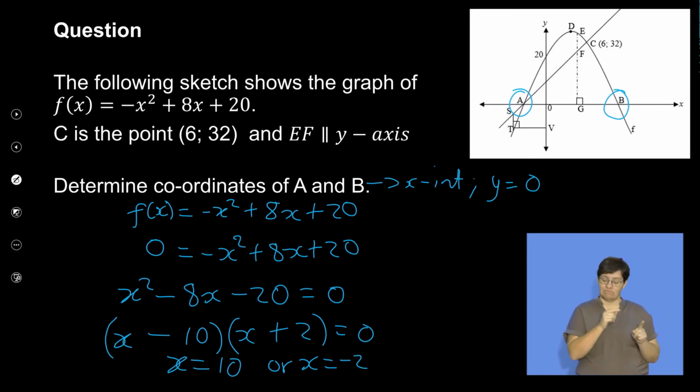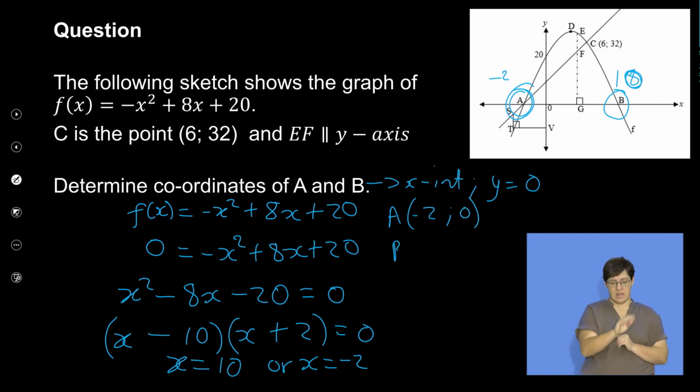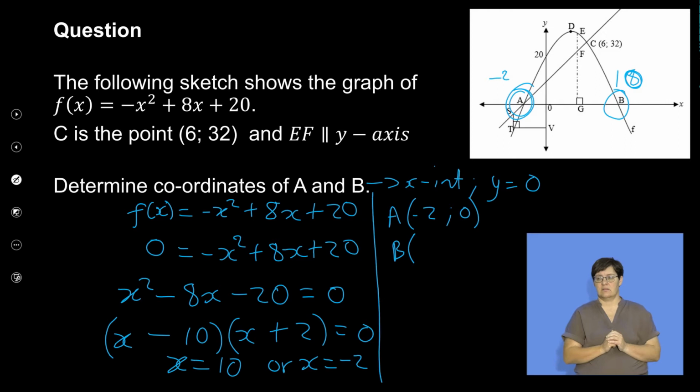You can see that A is on the left-hand side, so this is the negative 2, and this is the positive 10, not 8. Positive 10, right? They wanted the coordinates, so you'll say A is (-2; 0), and B is (10; 0).